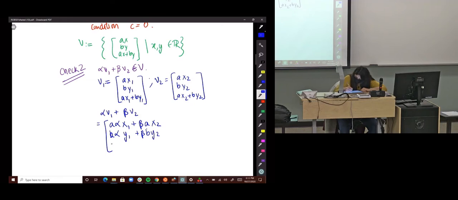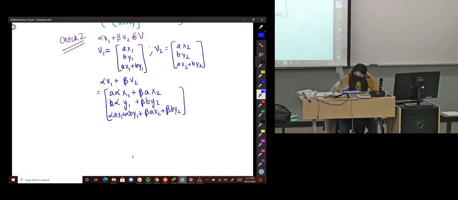And the third component becomes alpha ax1 plus alpha by1 plus beta ax2 plus beta by2.